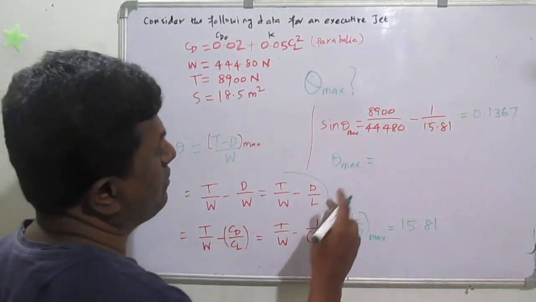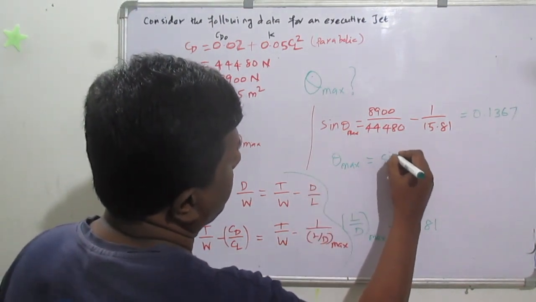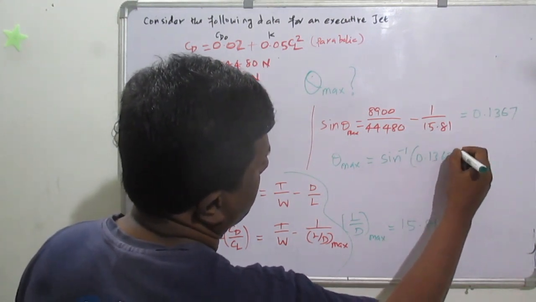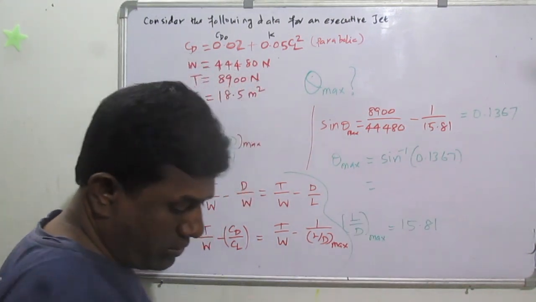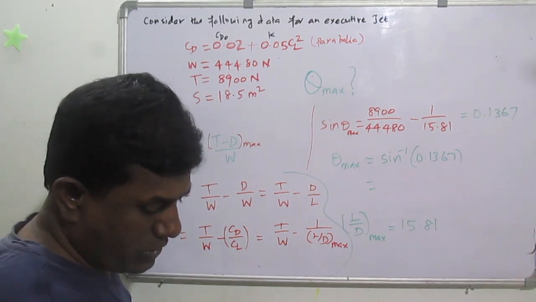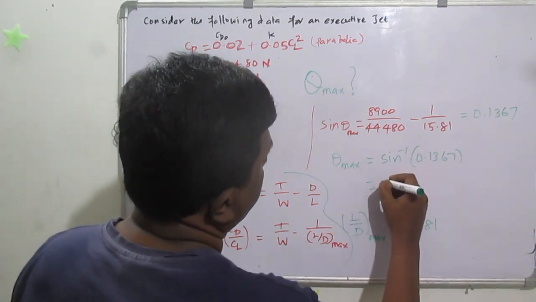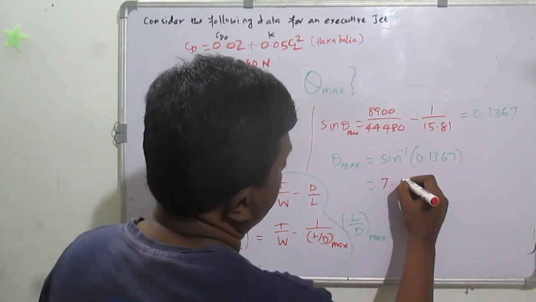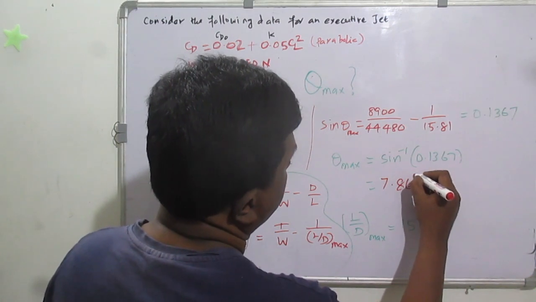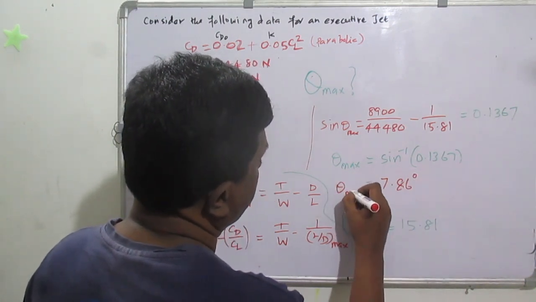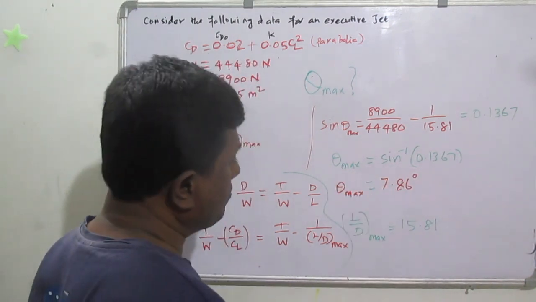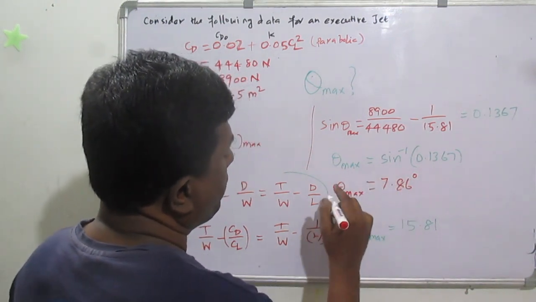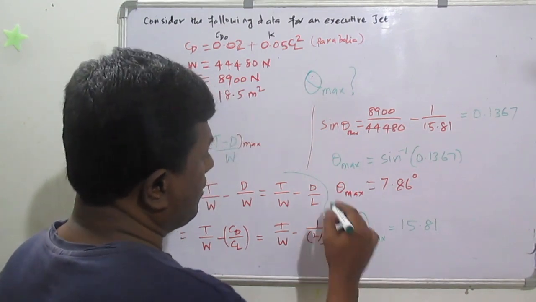Then theta max equal to sin inverse of 0.1367, so theta max comes around 7.86 degrees. So theta max equals 7.86 degrees.